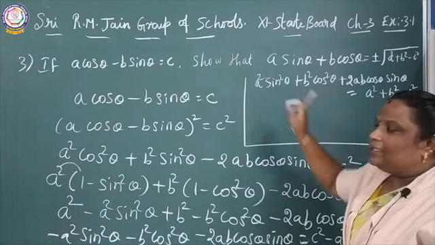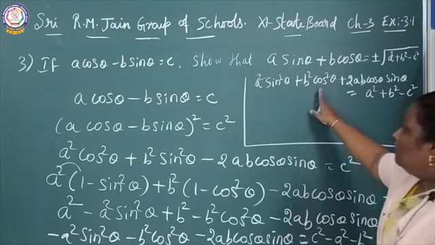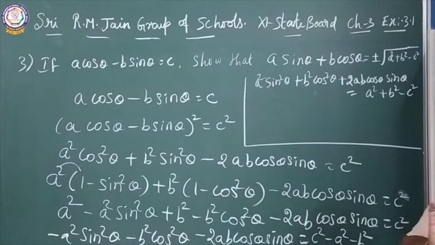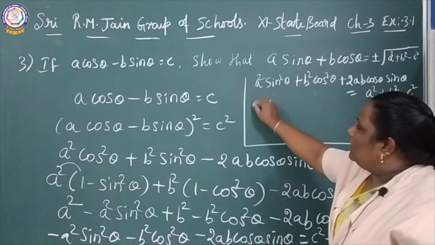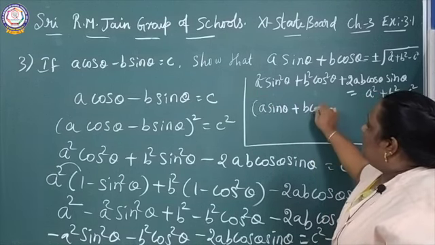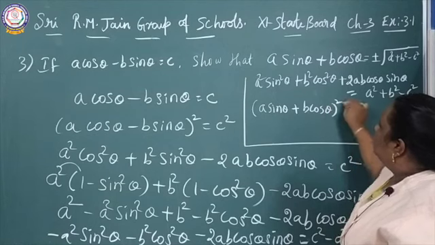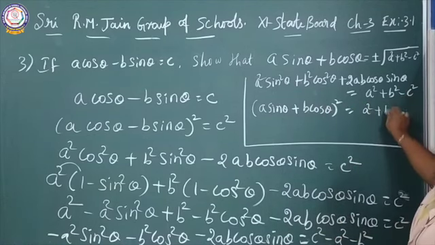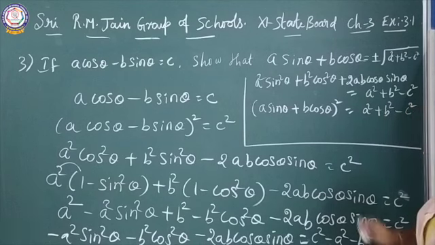A square sin square theta, B square cos square theta, 2AB cos theta sin theta resembles the formula A plus B the whole square. See here, A sin theta plus B cos theta the whole square equal to A square plus B square minus C square.